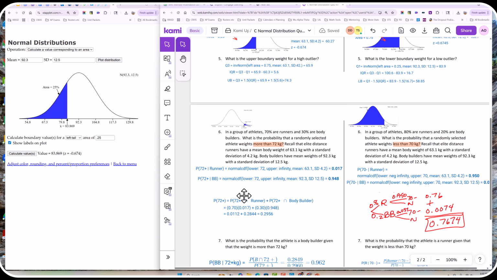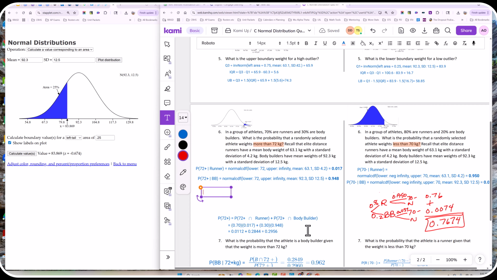So if I did a list, let's say I wanted to find, let me move this right here. So the potential things that can happen are, if we did a list, we have 72 plus and runner, right? 72 plus and bodybuilder, given body.